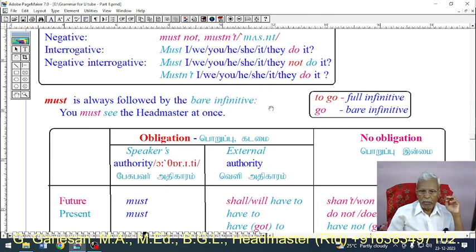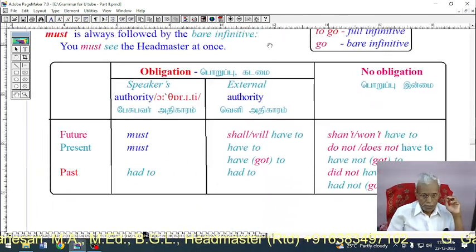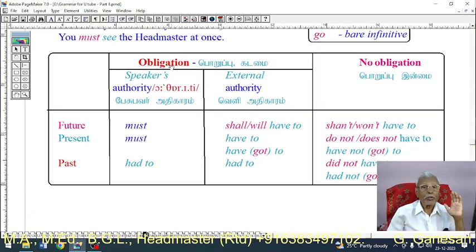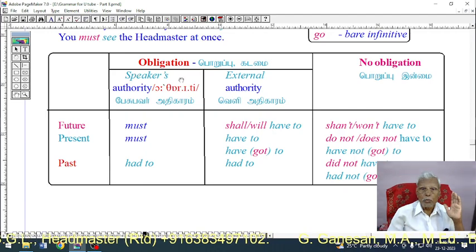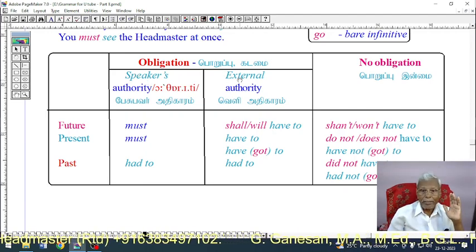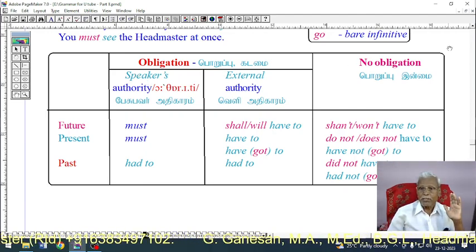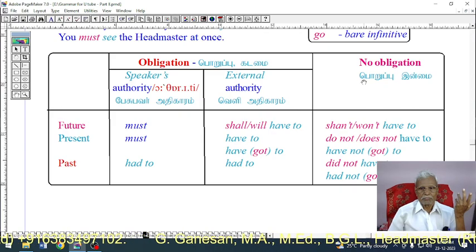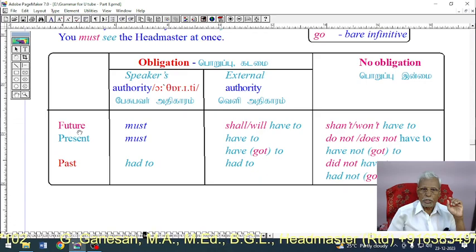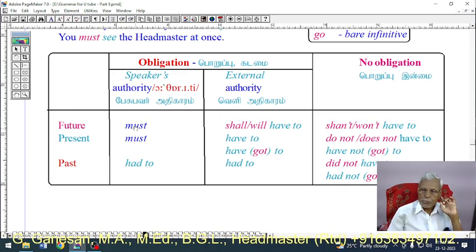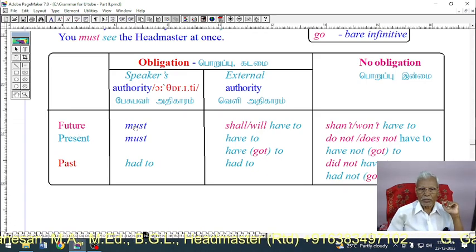Now let us see the table. Obligation: speaker's and external. The obligation of the speaker and external. Here, no obligation. That is a negative form. Future: speaker's authority, must.